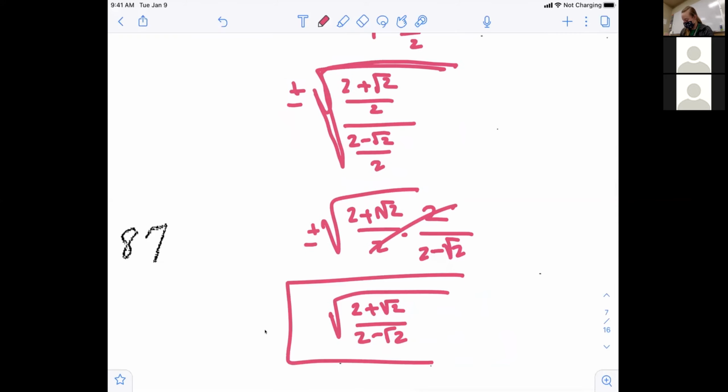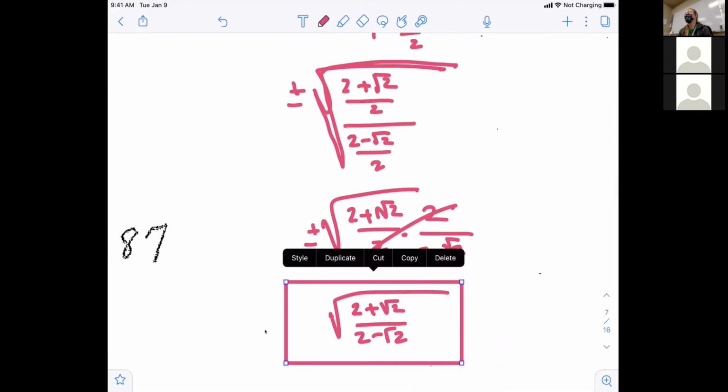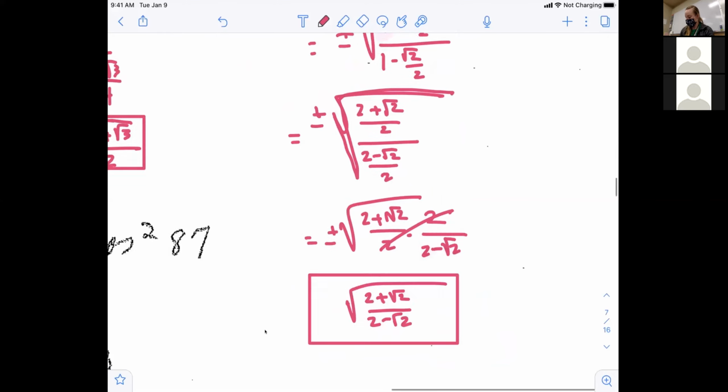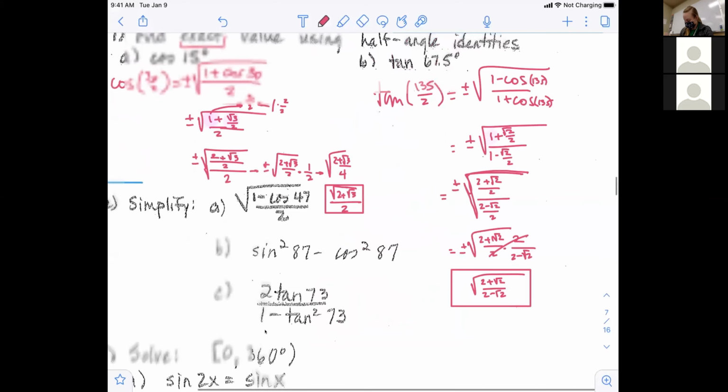Now, will this be positive or negative if I'm doing tangent of 67.5? Good. Why, Whitley? Because it's in the first quadrant. All right, that's pretty gross, but that's okay.